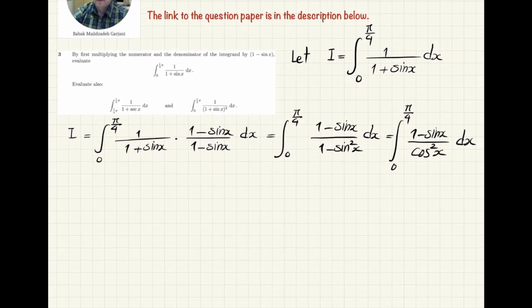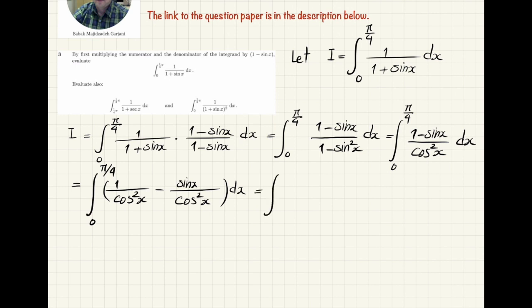Now I can split this fraction into two fractions: 1 over cosine squared x, and sine x over cosine squared x, dx, where x goes from 0 to pi over 4. Then it is the integral of the first function minus the integral of the second function.